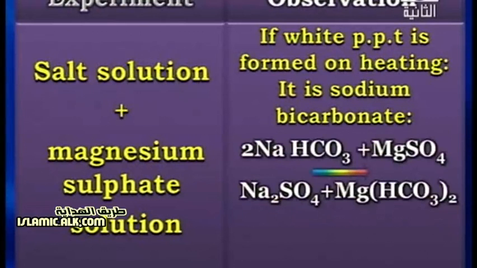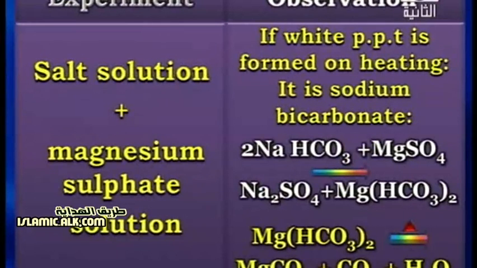As the equation proceeds, sodium bicarbonate reacts with magnesium sulfate. Here it gives sodium sulfate and magnesium bicarbonate. All of them are soluble in water. On heating the solution, it gives a white precipitate of magnesium carbonate, and carbon dioxide and water are produced, as the following animation will show.